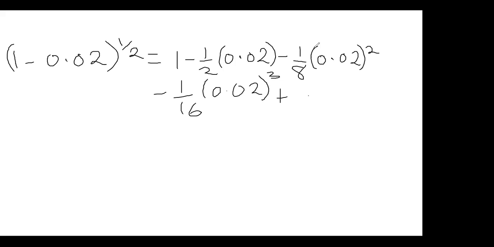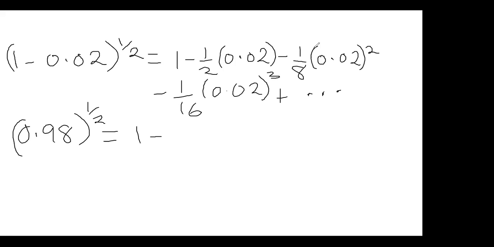So there we have the dots. Then we get, this is 0.98. 1 minus 0.02 gives us 0.98, so 0.98 to the power half is equal to 1 minus.